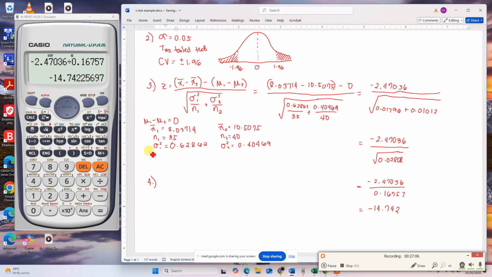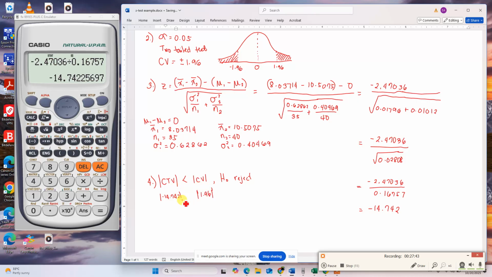Since this is a two-tailed test, if the absolute value of the computed test value is... here our computed test value is the absolute value of negative 14.742. How about the critical value? That is 1.96, absolute value.